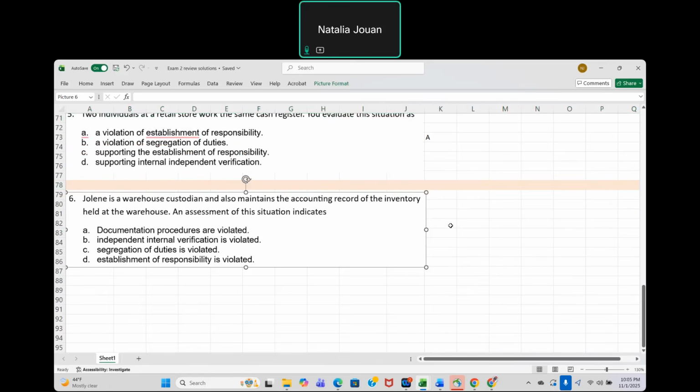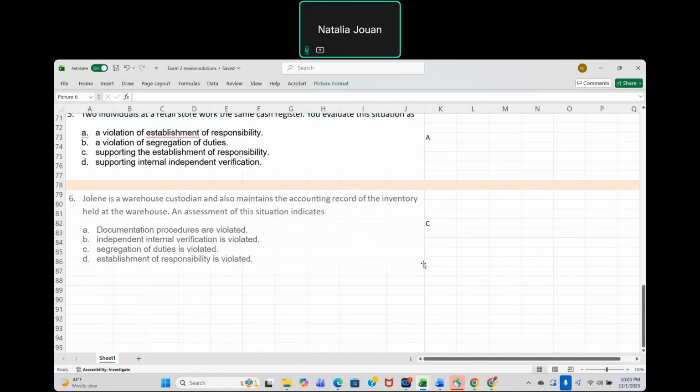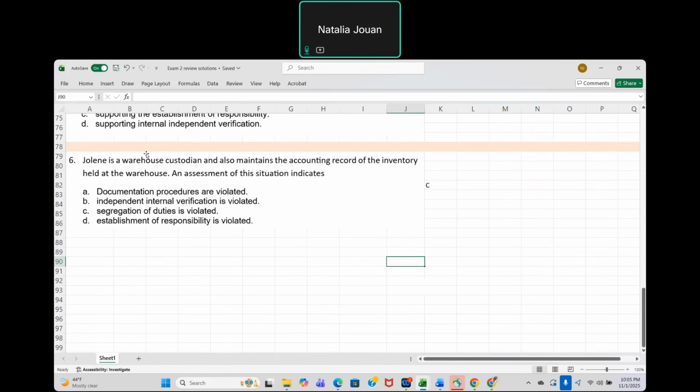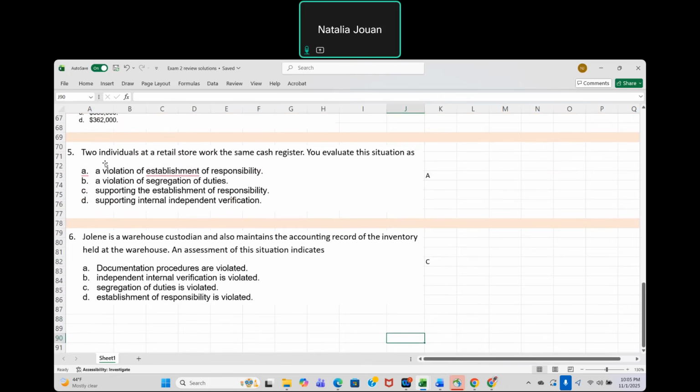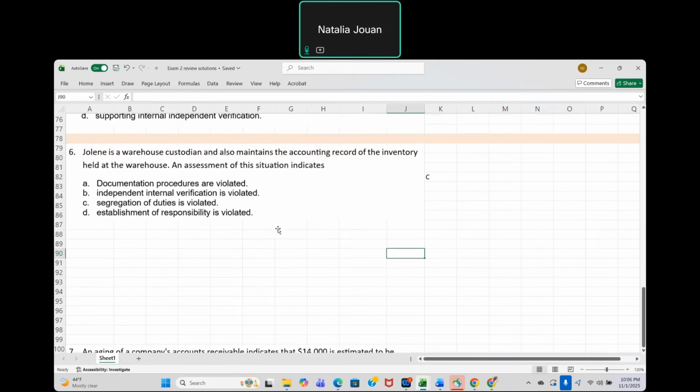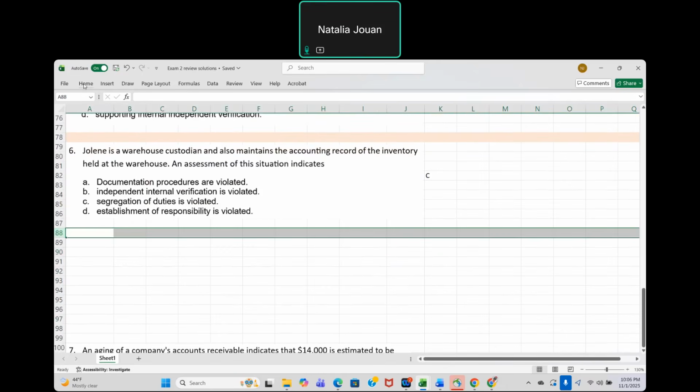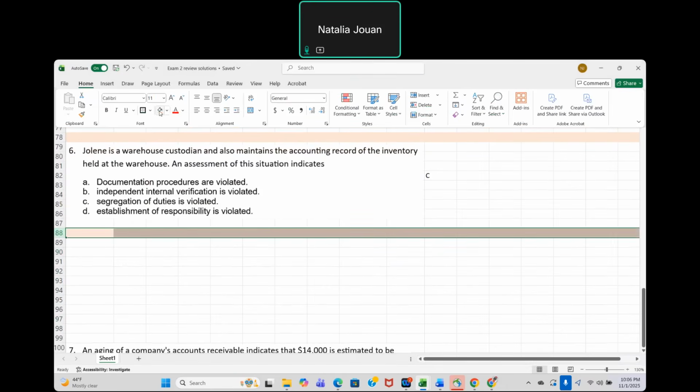So your answer right here is segregation of duties, C. One person, two activities. And right here, two people, one activity is the opposite. All right. Next one, number 7.